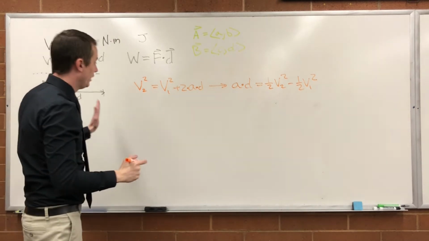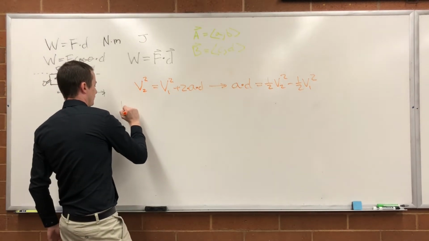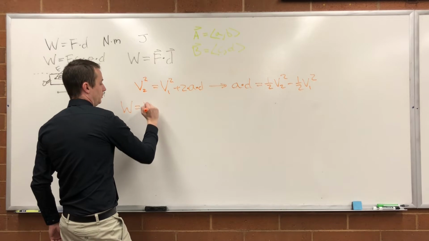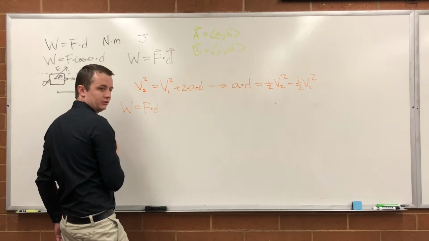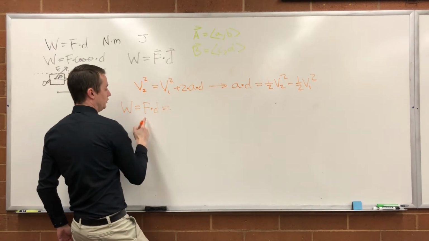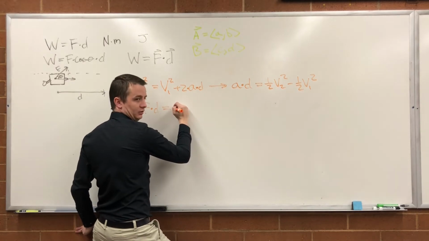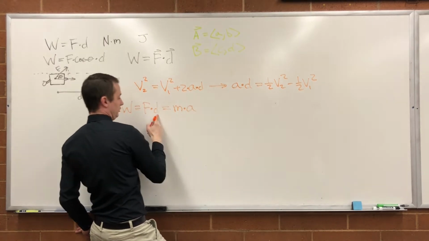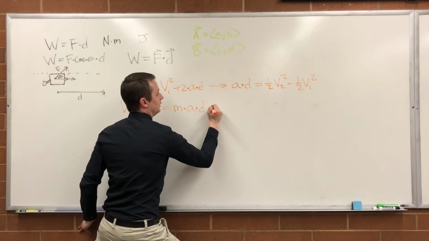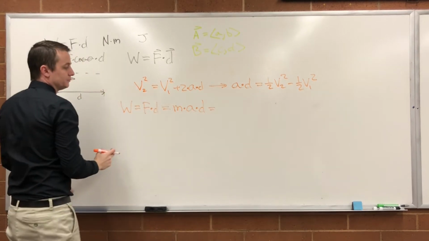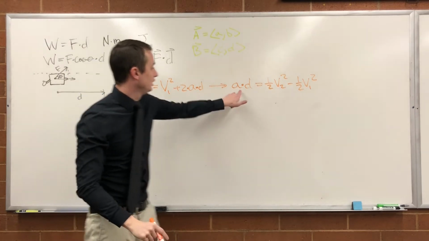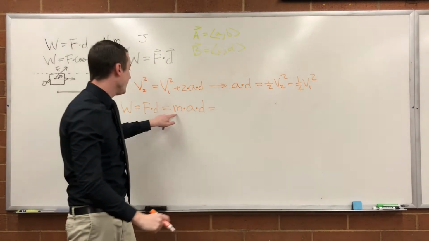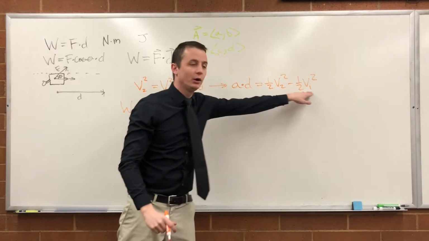Okay, so now coming back to work. Work is equal to force times distance is equal to, force can be rewritten as MA, mass times acceleration, and then we still have times distance. I know a times d is equal to this thing, so m times a times d is equal to this thing when I put an m in there.